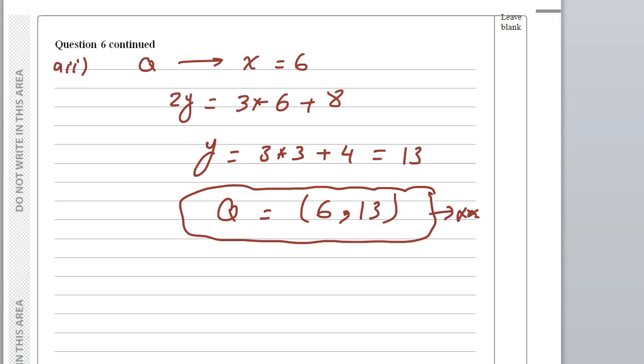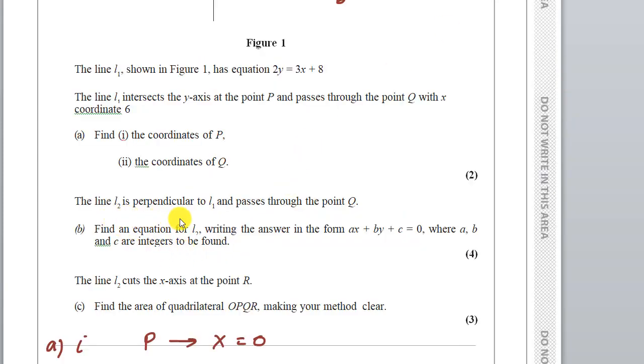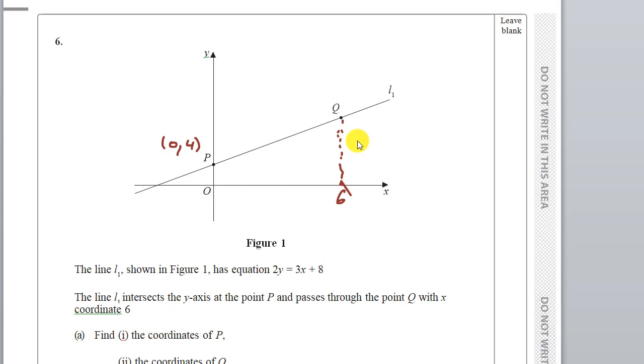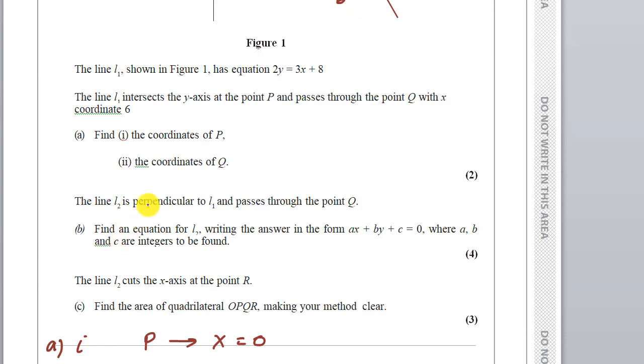Okay, let us go ahead. Now the line L2 is perpendicular to L1 and passes through the point Q. So we have line L1, and perpendicular here, passing through Q. So this is line L2, which is perpendicular to line L1 at Q. Find the equation of L2, write the answer in the form ax plus by plus c equal to 0, where a, b and c are integers to be found.